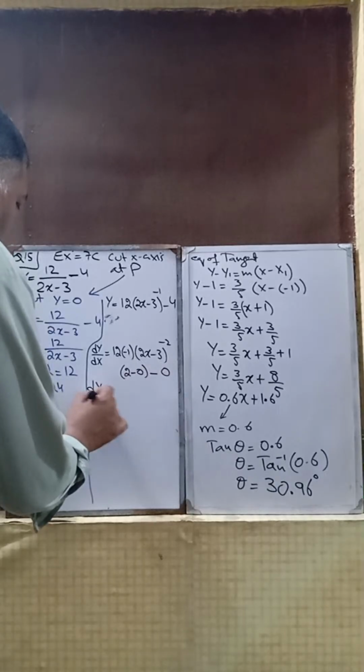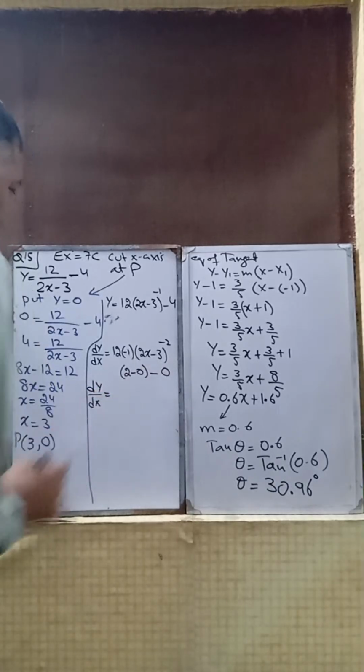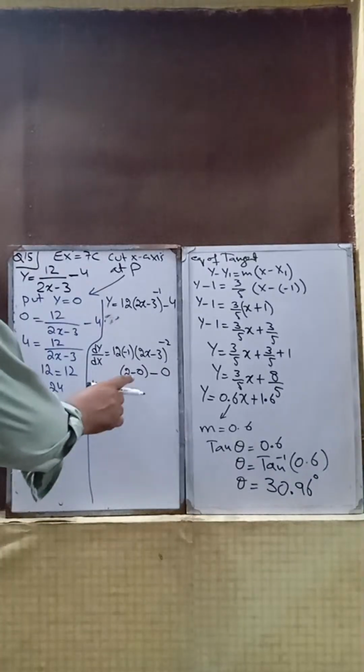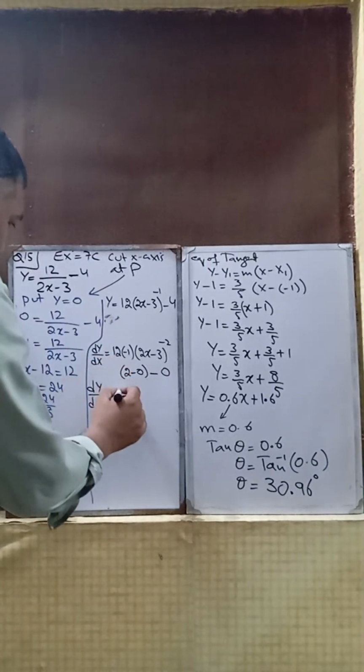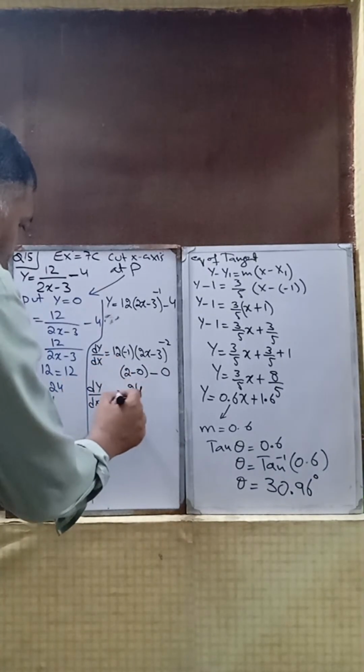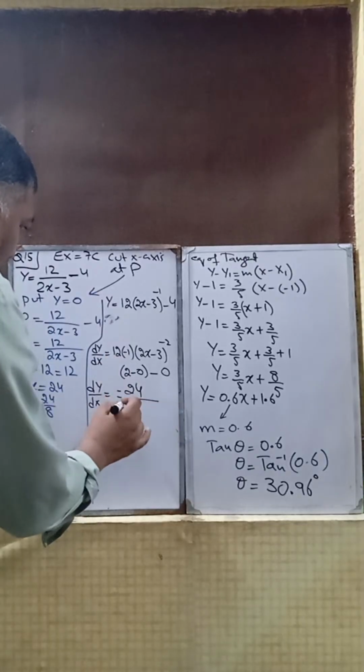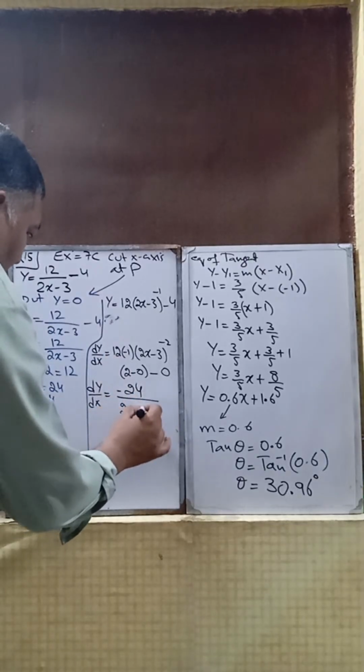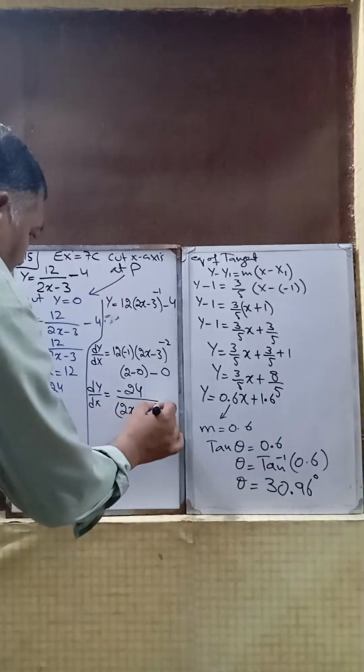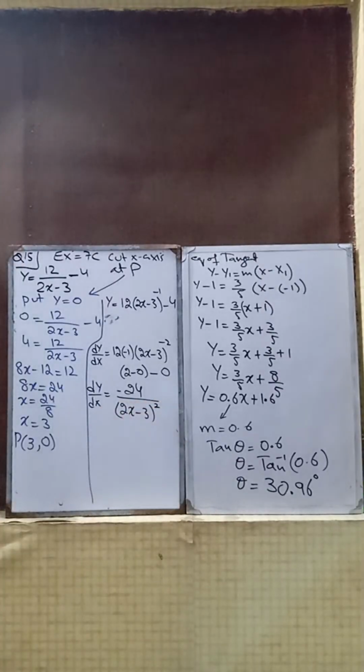So dy by dx will be equal to minus 24 divided by 2x minus 3 all squared. So you see I differentiated that curve's equation.